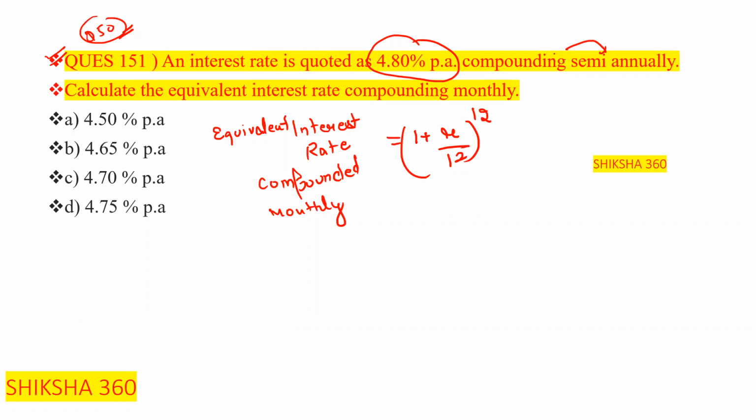And if it is given as semi-annually, then we calculate 1 plus r upon 2, power 2. So that is the equivalent interest rate.